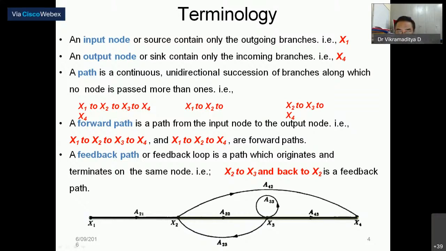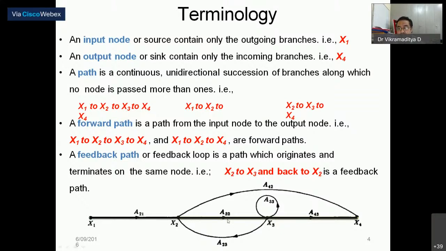Let us find out how many loops there are in this example signal flow graph. You can see this is x2. I am moving from x2, then moving to x3, then traversing back through a feedback signal and again reaching node x2.